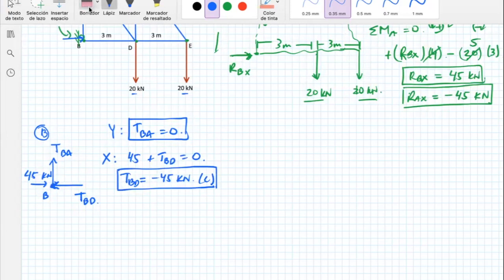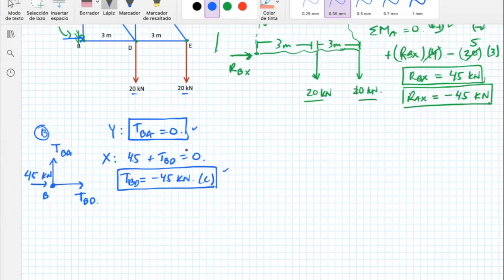But one suggestion: I never change the drawings. I just get these numbers, and by looking at the sign, I will know if it is in tension or compression. I never change the drawings, because if I change them, I don't know if that was the case at first or if I just modified them, and then it's a problem.